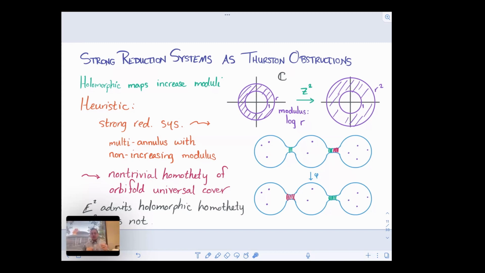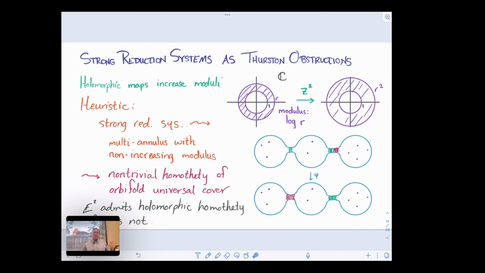Okay, so what that means is you're getting a metric on the surface, or you can think of it as a complex structure that's getting multiplied by d. And so you can lift that to the orbifold universal cover. And so you're getting a homothety of the orbifold universal cover.